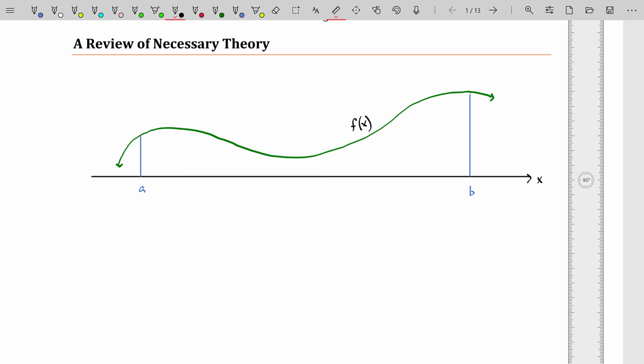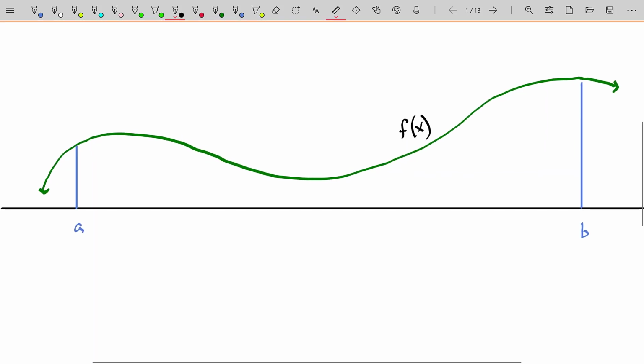Now, how you did this in Calc 1 was you diced this interval from a to b into n sub-intervals, and they were equally spaced sub-intervals. That's critically important for us in Calc 1 and 2.